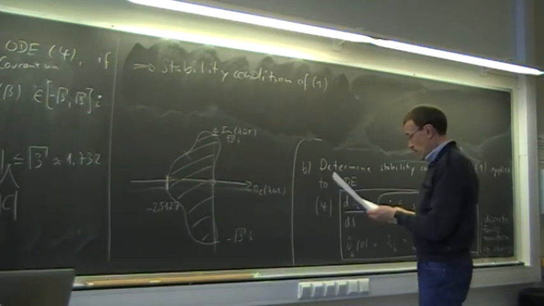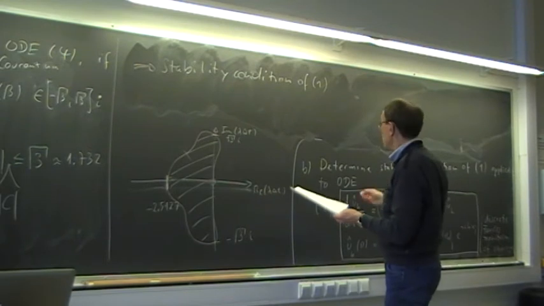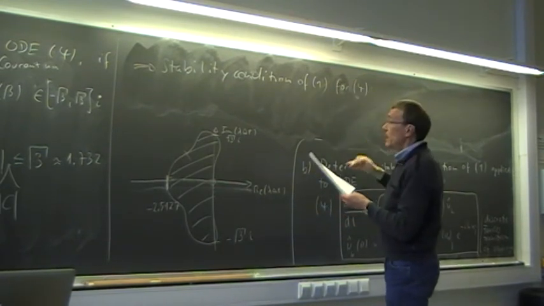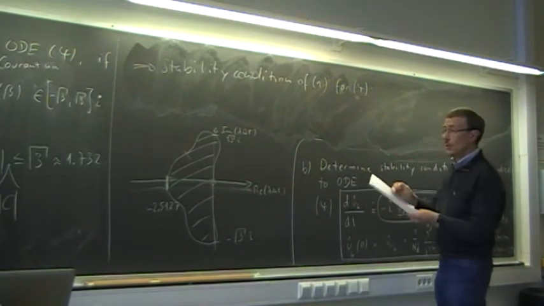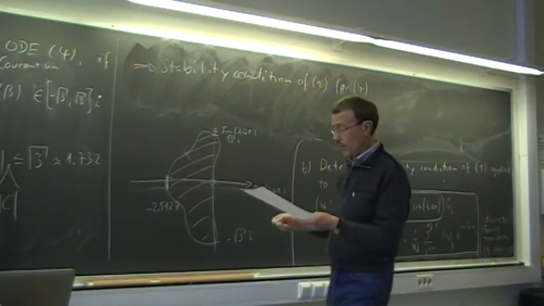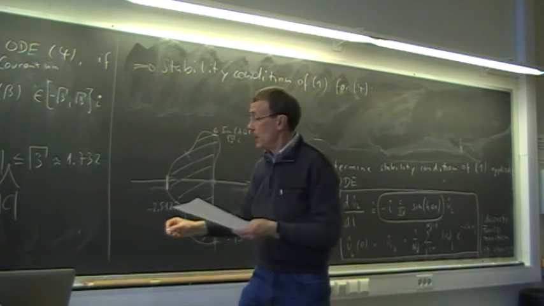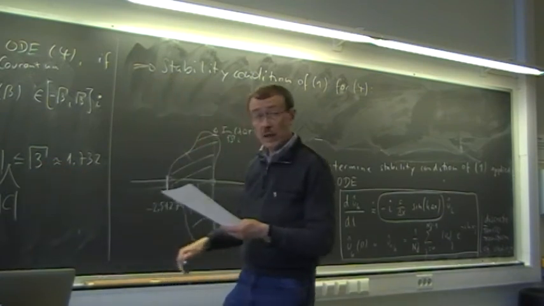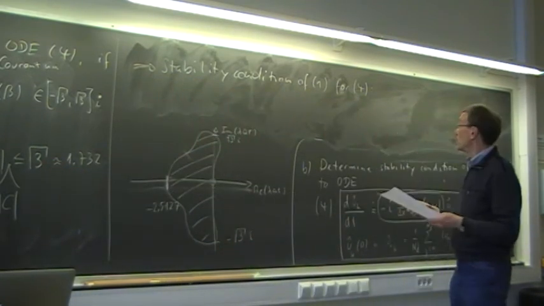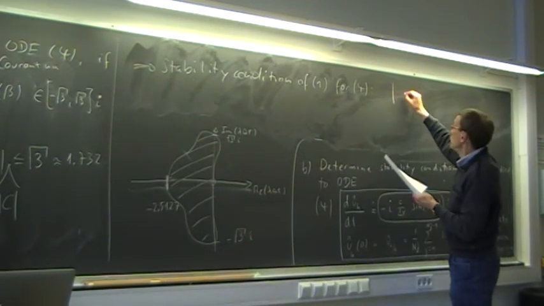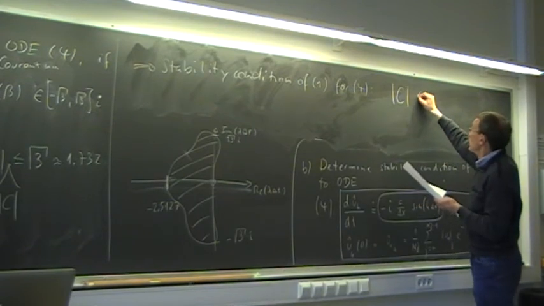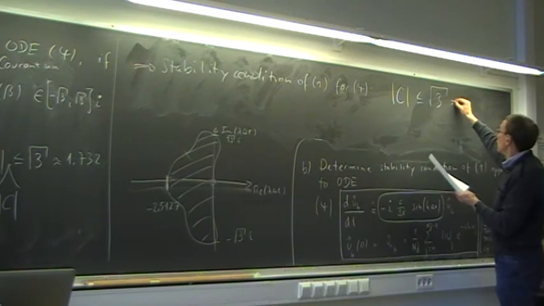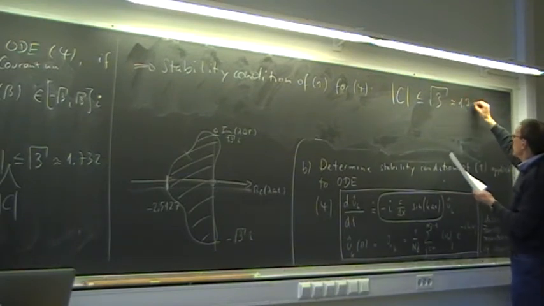Runge-Kutta method for this equation 4 is then, well, it turns out that all what we have then is this here. So we have here that the absolute value of the Courant number has to be smaller or equal than 3, which is approximately 1.732.